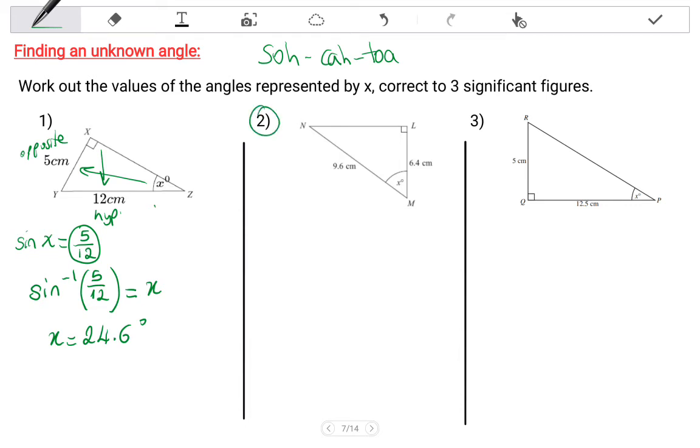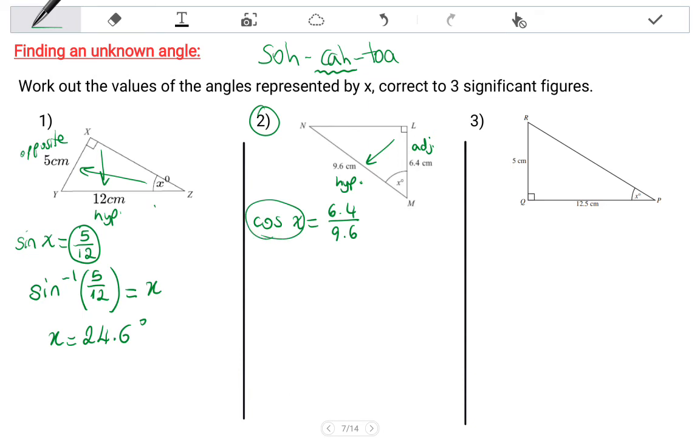Okay, let's continue with question 2. Again, I'm going to label the sides. I know the hypotenuse, which is 9.6. I know 6.4, which is the adjacent side, and hypotenuse and adjacent together are used in cosine. So I'm choosing cosine of x, and it is adjacent over hypotenuse, which is 6.4 over 9.6. Again, the unknown is here.